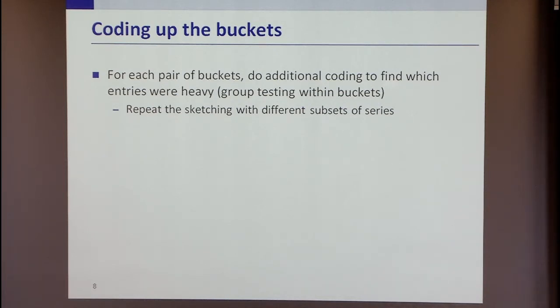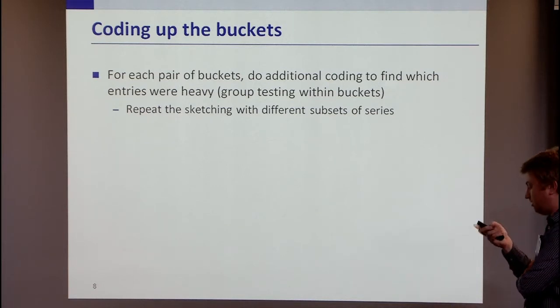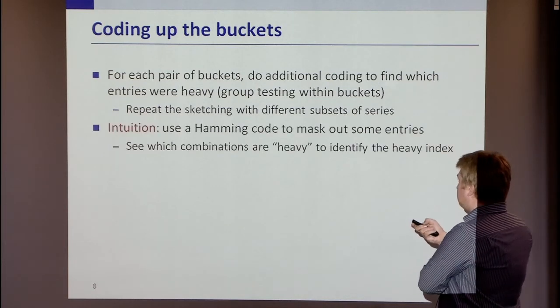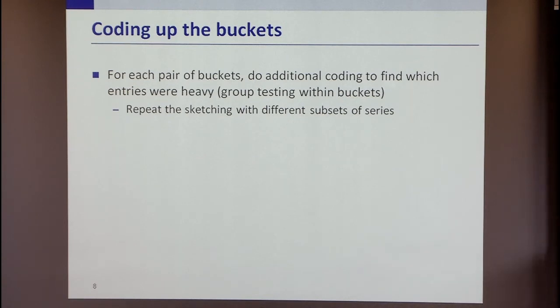The basic one is to decode that by doing some additional tests within a bucket, leaving some things out, including some things in, and doing that in a structured enough way based on a code, so that I can look at the sequence of results interpreted essentially as binary. Is this combination still correlated? Is that combination still correlated? Read those off and identify what that tells me.